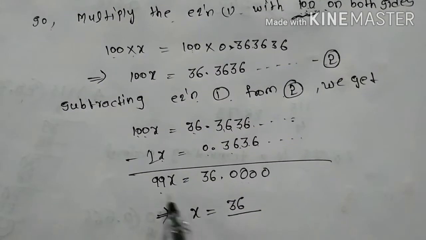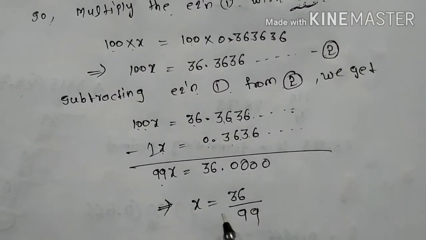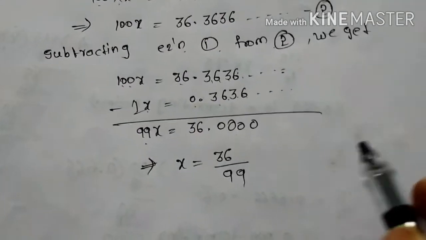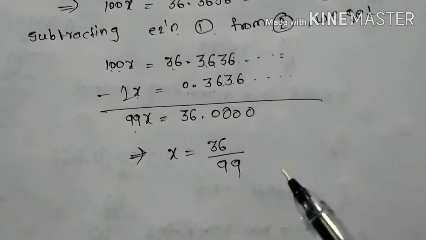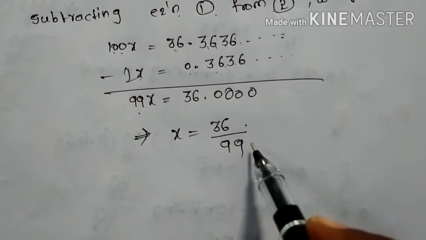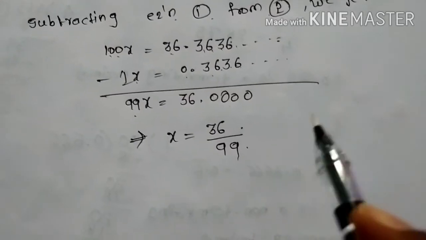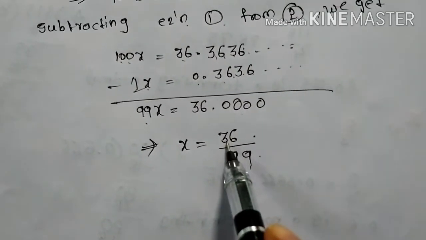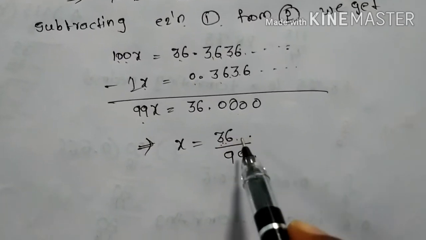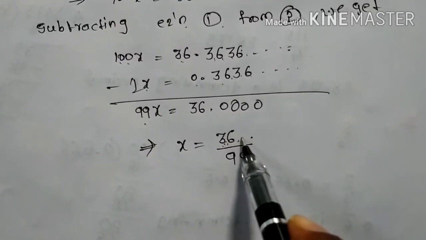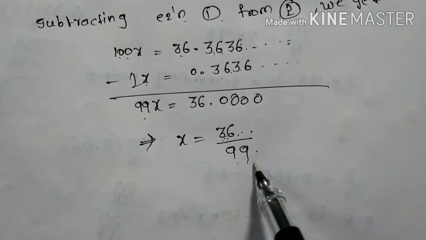36 by 99. X is equal to how much? 36 by 99. See, I told that in the previous problem we have to simplify until the numerator and denominator are co-primes. But once you observe, this will be a multiple of 3 or not. 36 means can I simplify? 3 ones are 3, 3 twos are 6. Here 3 threes are 9, 3 threes are 9.